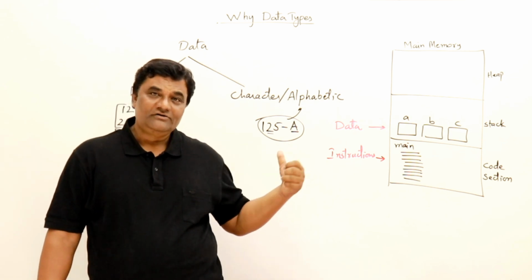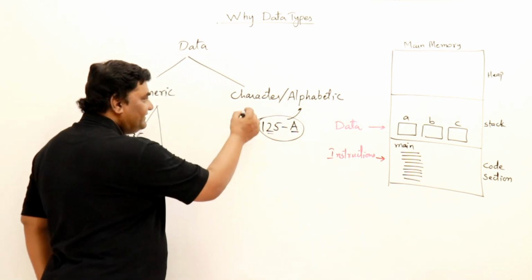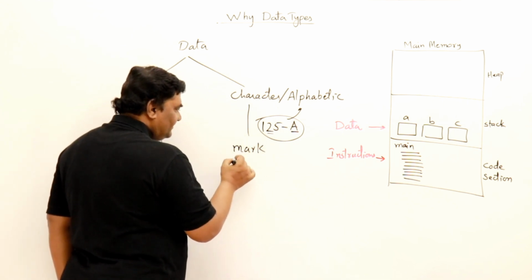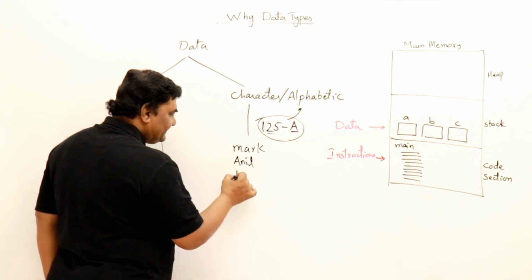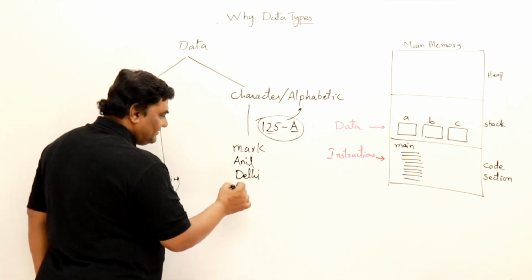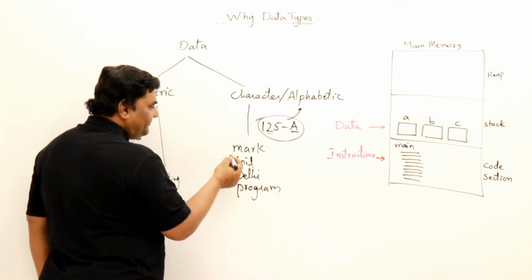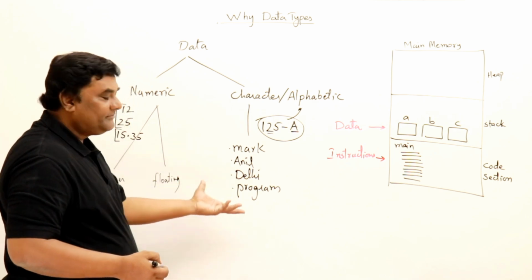Then coming to this side, that is characters. If I write a name, such as Mark or Anil, or the name of a place, Delhi, or any word, like program, it may be a name of a person, a name of a place, or any word from the dictionary.